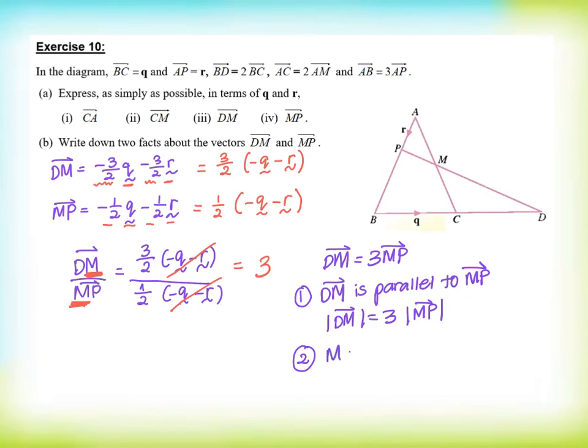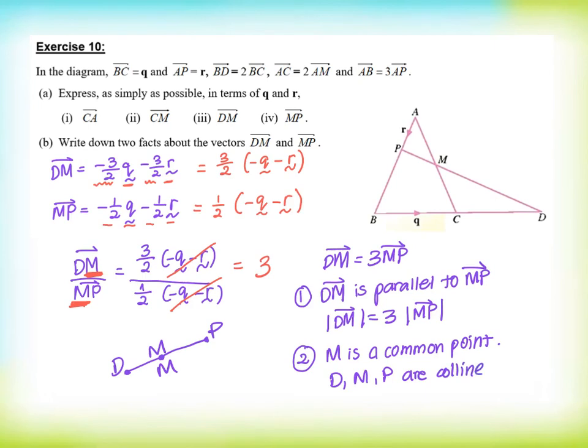So M is a common point. If M is a common point, that means D to M, M to P must come together to form one straight line. So therefore, these 3 points, D, M, and P, are collinear. So now we have 2 facts about the vectors. Have you gotten your answer?